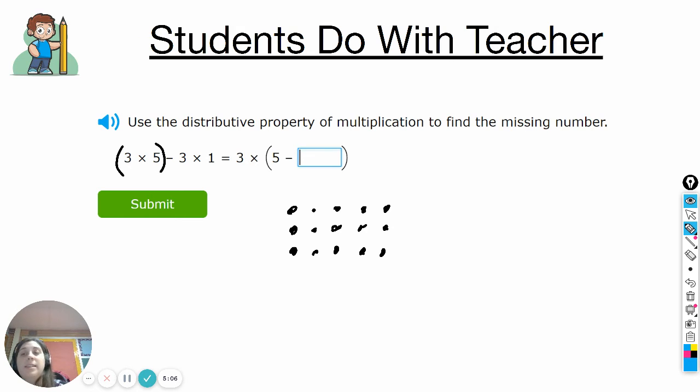Now next, it says minus 3 times 1. So I need to get rid of 3 rows of 1. So I'm going to come over here and cross out 3 rows, and I only have to cross out 1 in each row. So I crossed out 3 rows of 1.